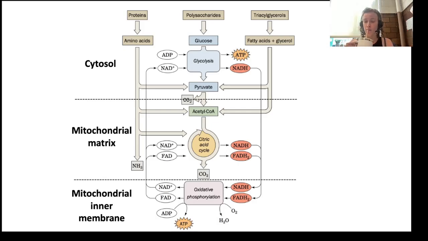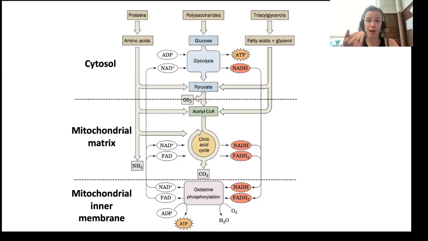So let's take a step back for a moment. Within our cells, various metabolic processes are regulated through allosteric regulation, like we've talked about, but also an aspect of regulation happens through compartmentalization. So glycolysis is happening in the cytosol.